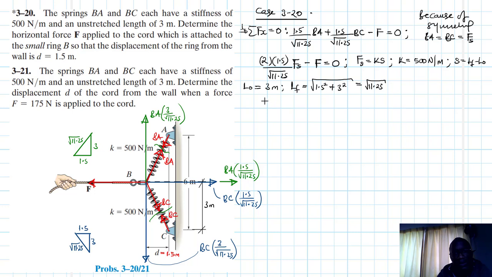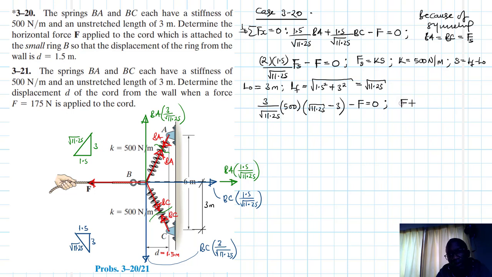So we can say we have 3 divided by root of 11.25 times S. S, we are saying this is 500 times L final, which is just root of 11.25 minus 3, and then minus F equal to 0.